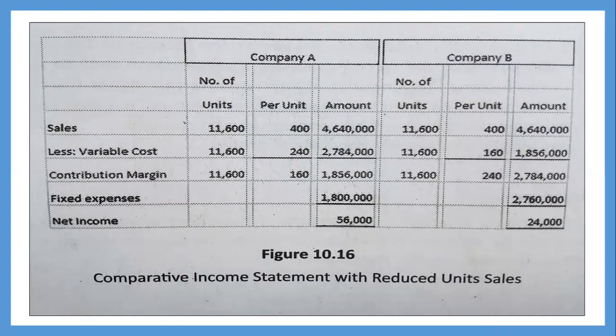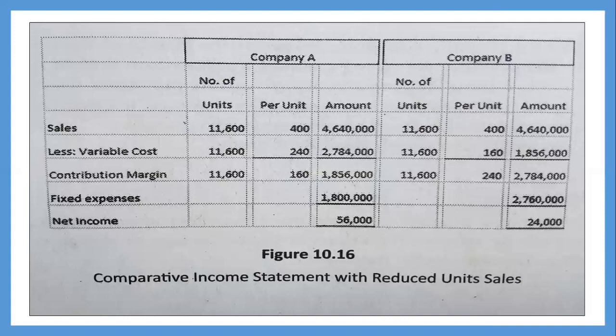Because the net income of company A is amounting to 56,000 pesos compared to company B, which only has 24,000 pesos. But going back to our question, which company is more vulnerable to sales reduction?